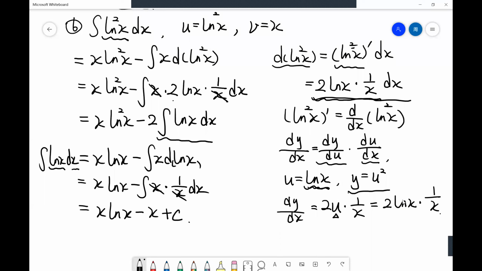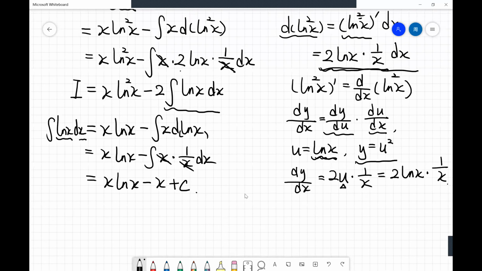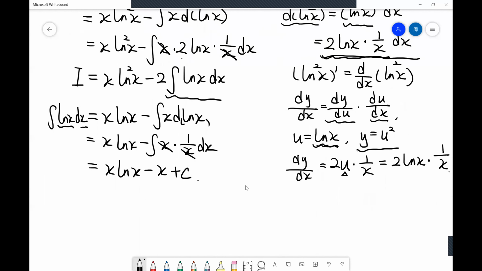So we know the original indefinite integral should be x times (ln x)squared. Here, don't forget the constant 2 here. So minus 2 times (x ln x minus x) and plus c, right?